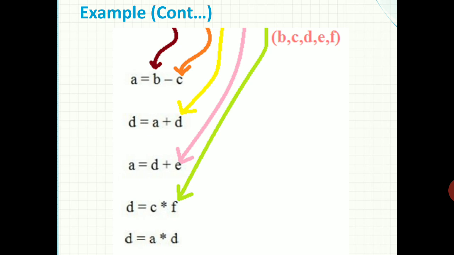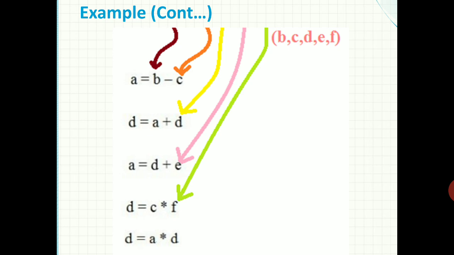So we cannot use these b, c, d, e, f to assign a variable to this particular assignment. That is the situation. Then come to a. a has two different assignments, and d has three different assignments. So it is not in static single assignment.